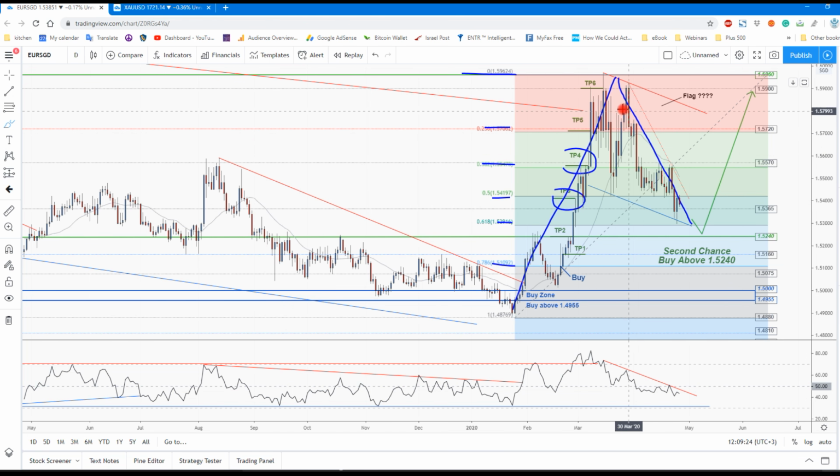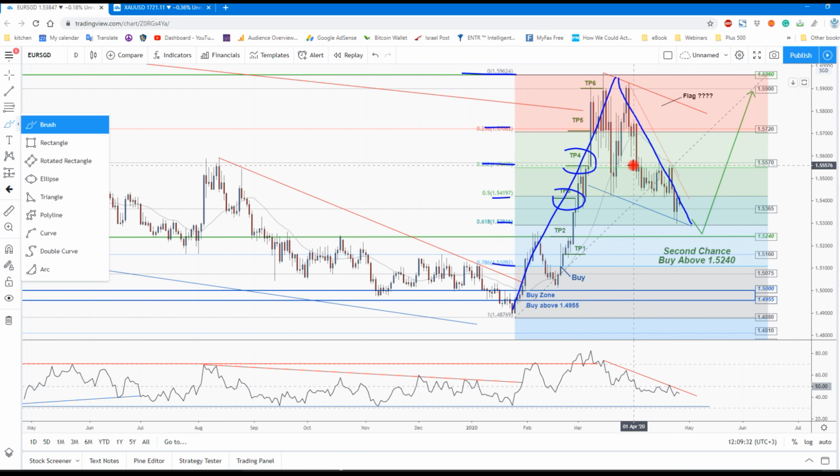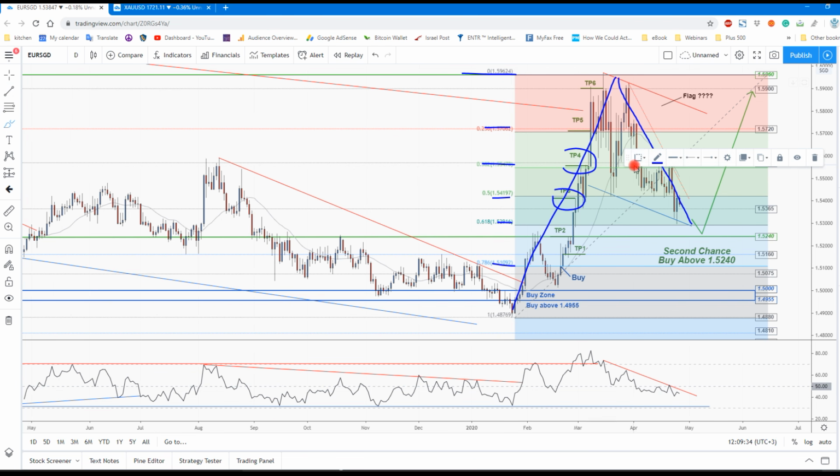So now we would expect as price moves down here. Now look what happened. What happened was when price hit this fib level, it was significantly stopped.